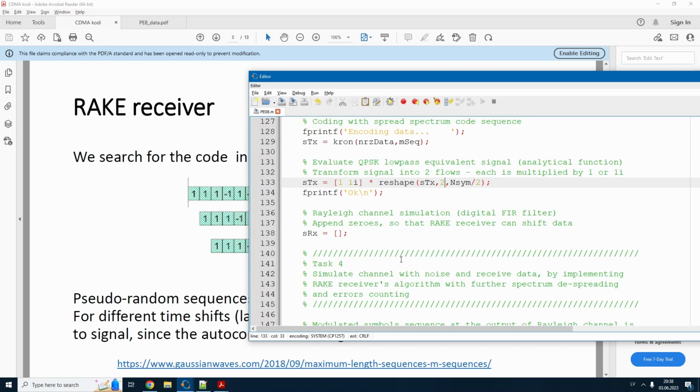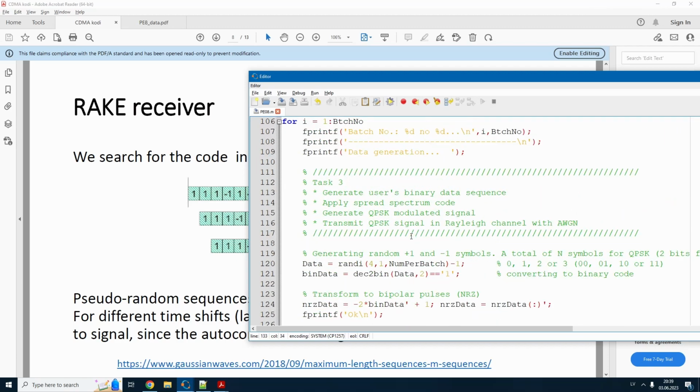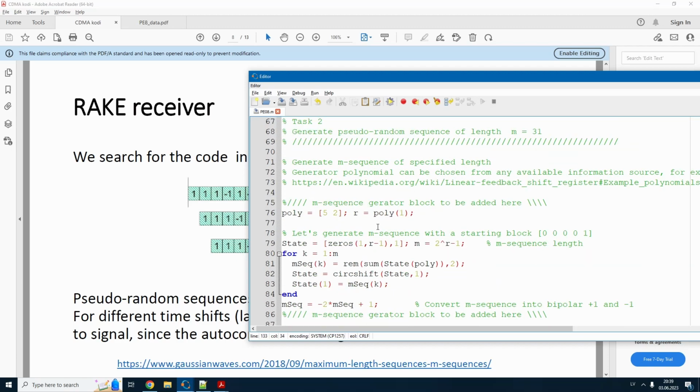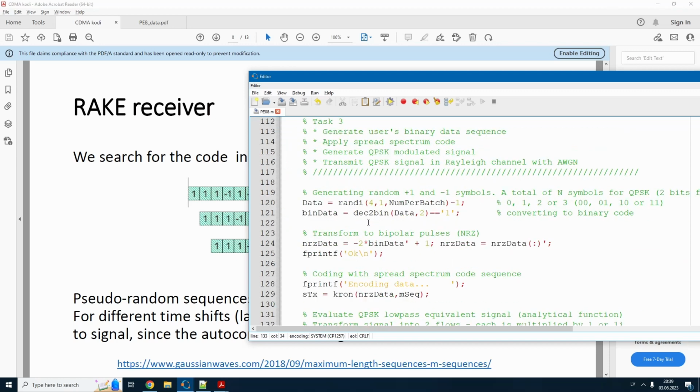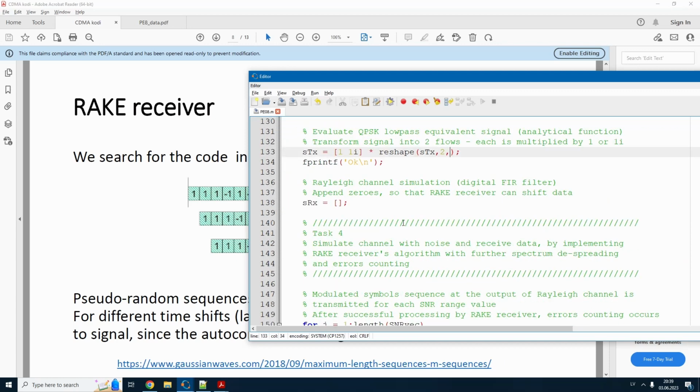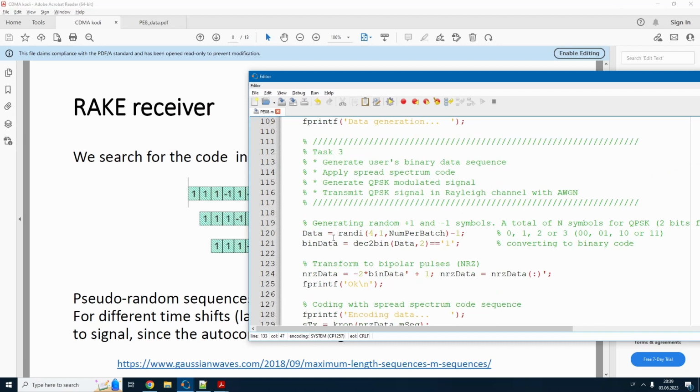Now two rows, but the number of columns is going to be, so we have batch size, yes, that is the number of our symbols, and we have M sequence. So in total here we are going to have num per batch multiplied by M, and since we have here two rows, we would have normally to divide by 2, but we don't, because here we have generated the symbols, yes, and each of the symbols already has 2 bits.